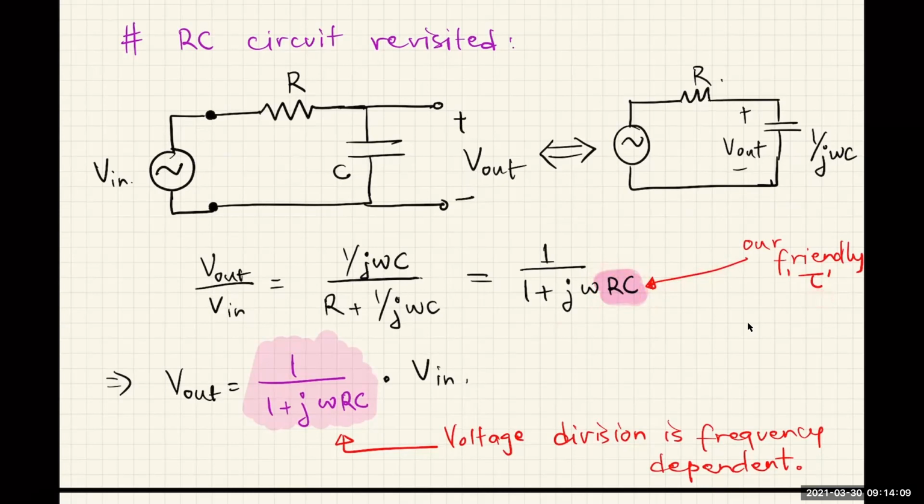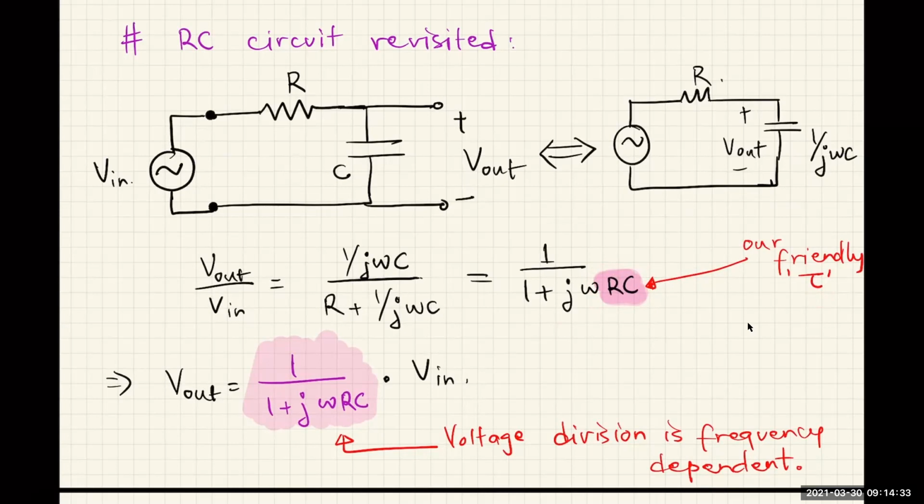We said that the RC of the circuit gives us a characteristic time scale. But as we know, frequency is simply 1 over time, so this RC product also characterizes the range of frequencies that the circuit is going to filter in or out.